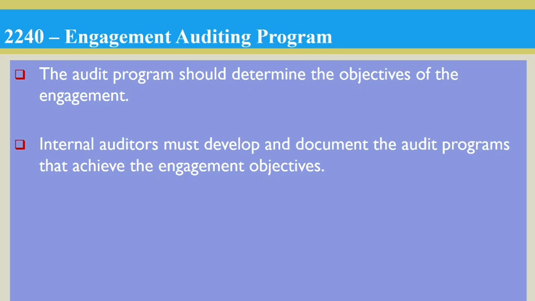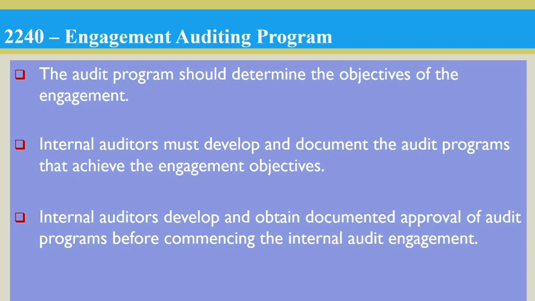Internal auditors must develop and document the audit programs that achieve the engagement objectives. You have to set a number of examinations, tests, and auditing procedures to make sure that the internal control system is working effectively and efficiently.